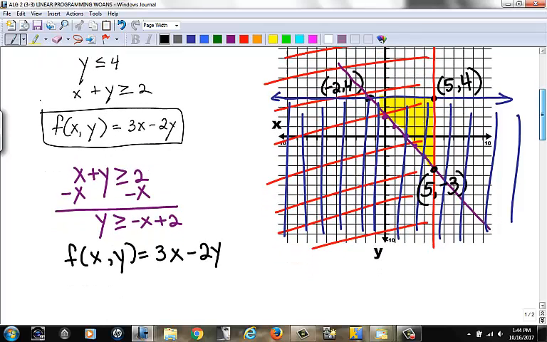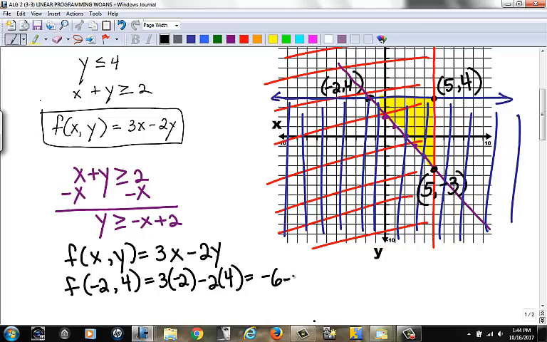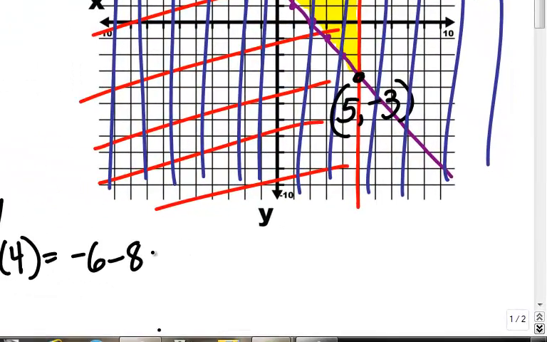Okay, so let's do the -2, 4 first. So that'd be 3 times -2 minus 2 times 4. So 3 times -2 would be -6. -6 minus 8. I get -14.